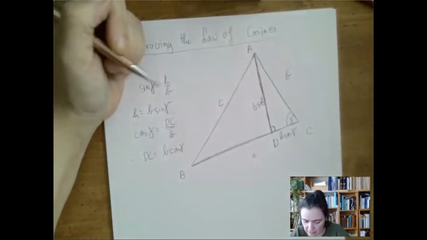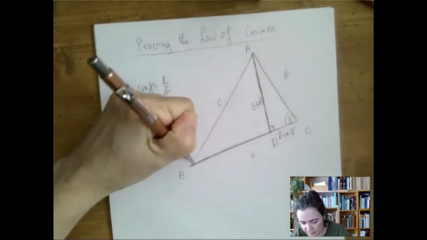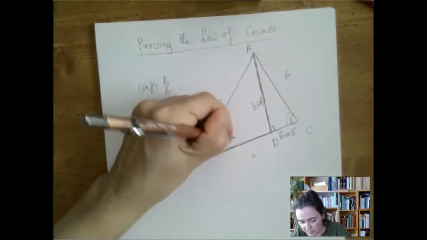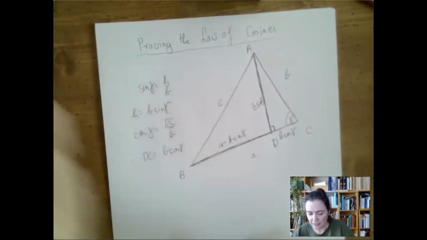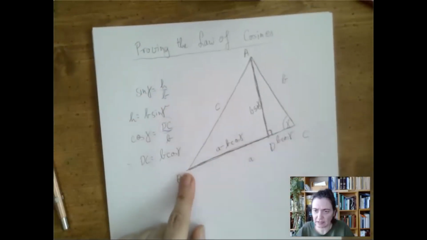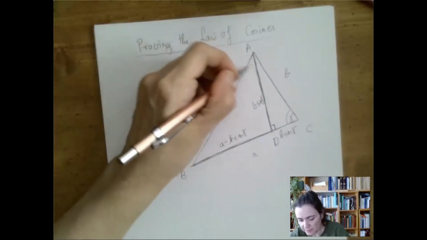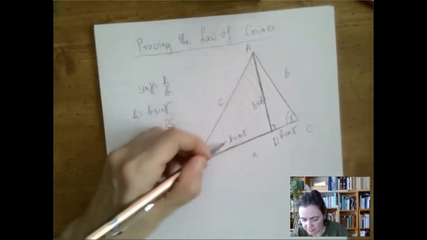We are going to discover that this remaining thing here, BD, is no more, no less than a minus b cosine gamma, right? The whole thing is a, and then we take away b times cosine gamma. And now we're going to state the Pythagorean theorem on this triangle.